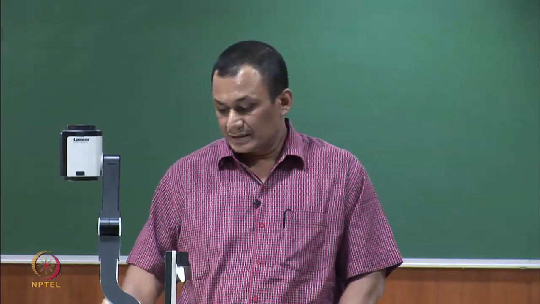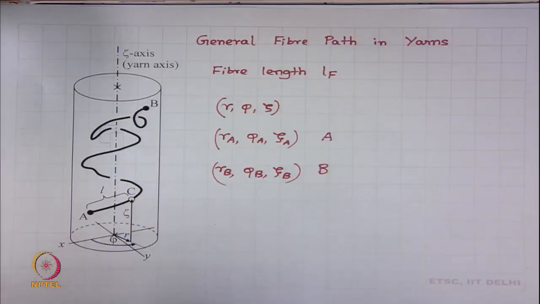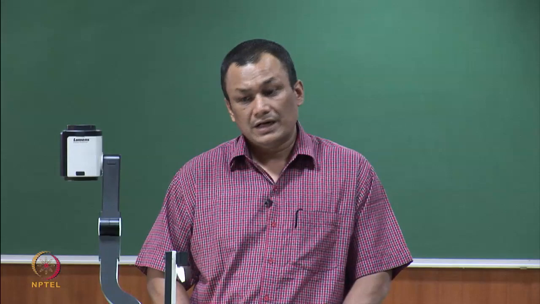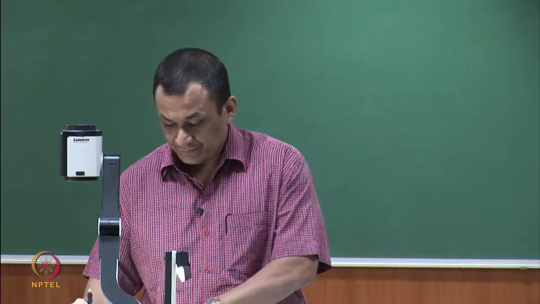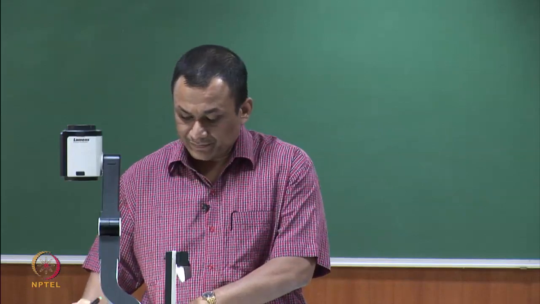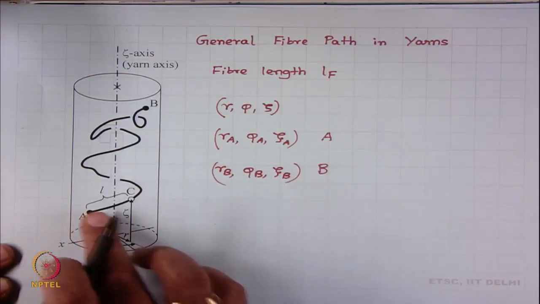Let us think that the distance from A to C is L. So, L is a length along the yarn body. This length L is always increasing.